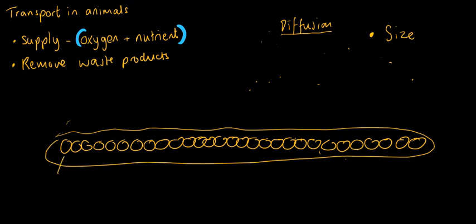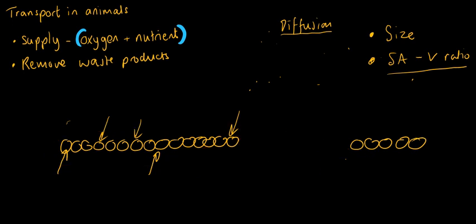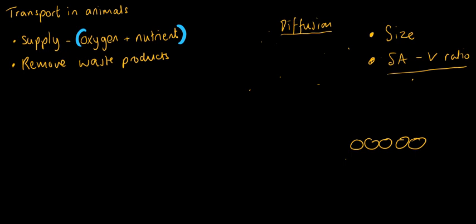So there are lots of places where diffusion can occur, despite the organism being of reasonable size. It has a large surface area to volume ratio. So that's our second factor, surface area to volume ratio. And if we have a large surface area to volume ratio, there's going to be less need for a transport system.